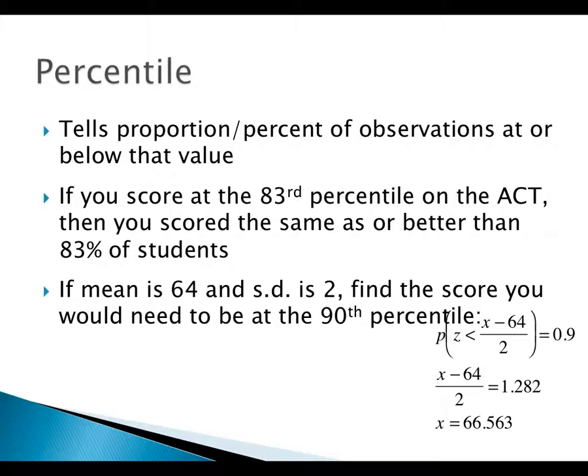That's what normal CDF does. What inverse norm does is you input a lower area and it gives you a z-score that corresponds to that lower area. So you tell the calculator something like, if I have a distribution and 40% is below this point, if you do inverse norm of 0.4, it will give you this z-score.